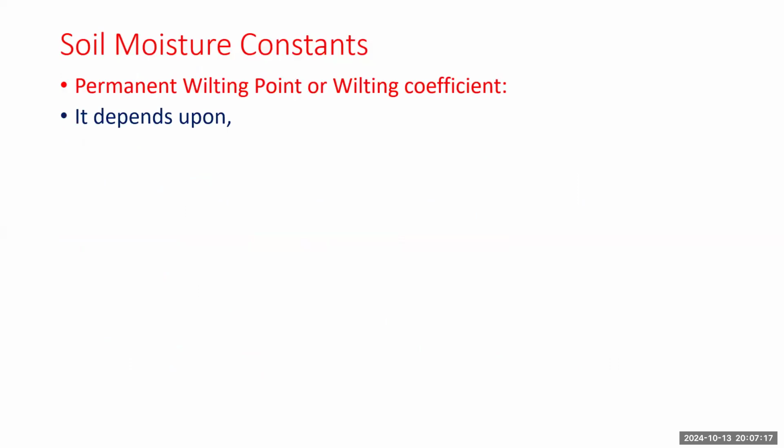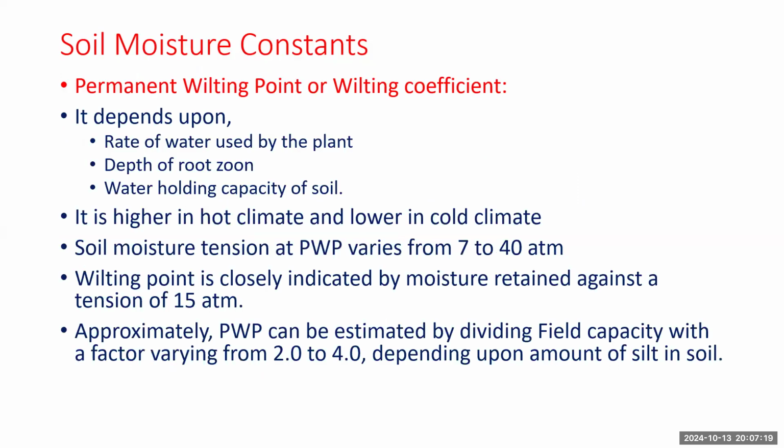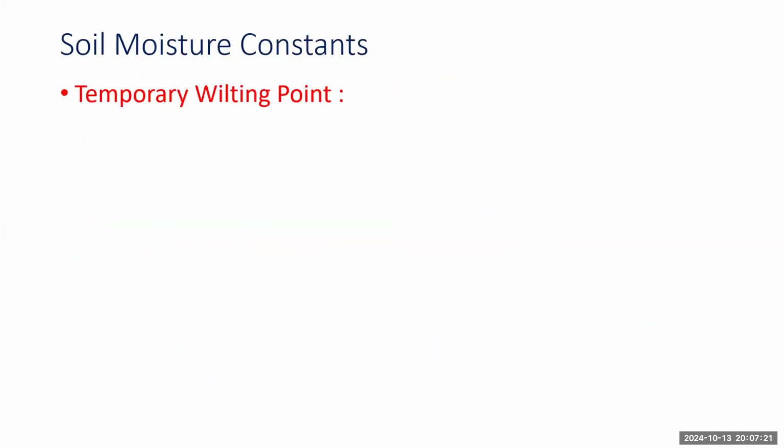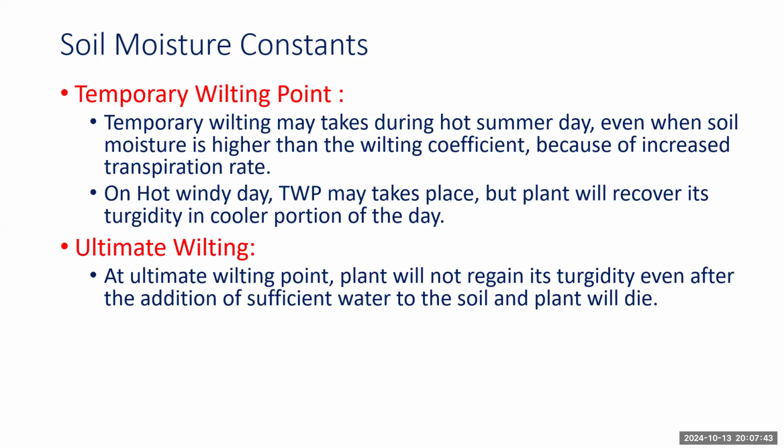Then we discussed the next moisture content, that is the temporary wilting point. The temporary wilting point is the amount of moisture content at which temporary wilting of crops takes place. Crops lose their turgidity temporarily, and when sufficient water is added, they regain their turgidity.